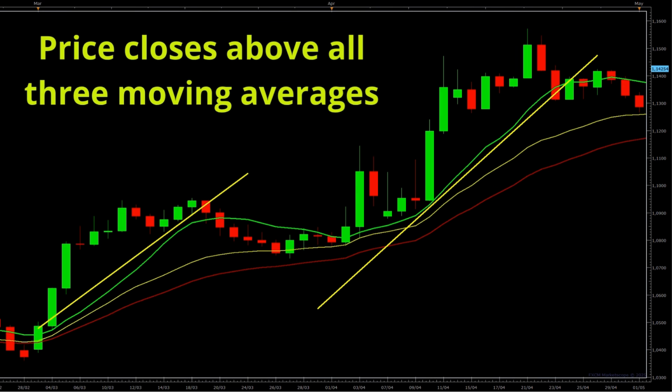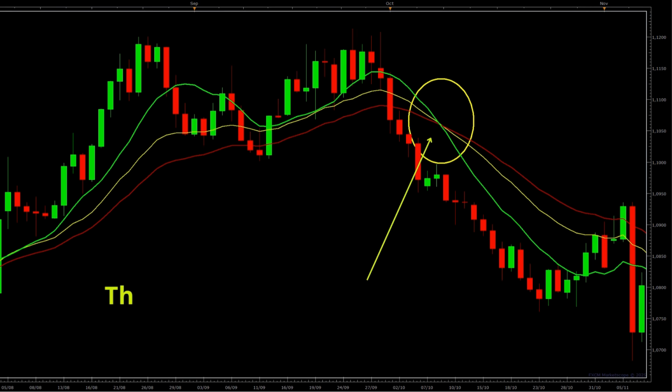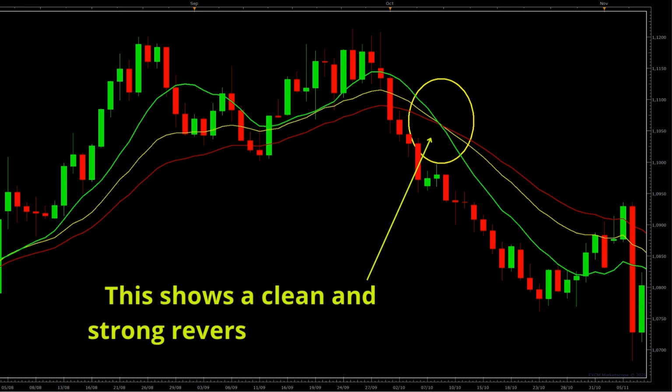This price action confirms the breakout, validating our long setup and telling us it's time to start looking for a precise entry point. This chart perfectly illustrates the bow tie crossover that gives the strategy its name. You can see the exact moment the moving averages cross and begin to fan out. This clear separation is the key visual signal that a new, powerful trend is taking hold.